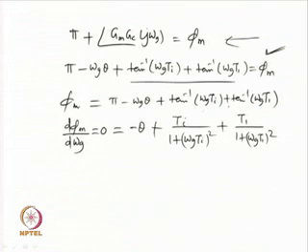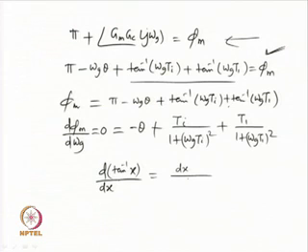How have I found the first order differentiation of arctan functions? We know the rule for the differentiation of the arctan function: the differentiation of tan inverse x with respect to x is given as dx divided by 1 plus x square.